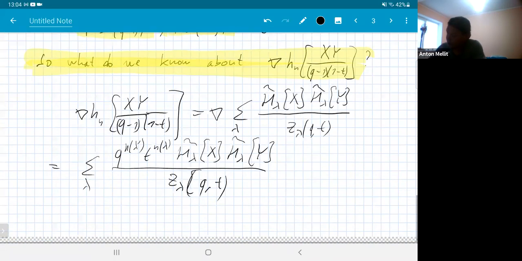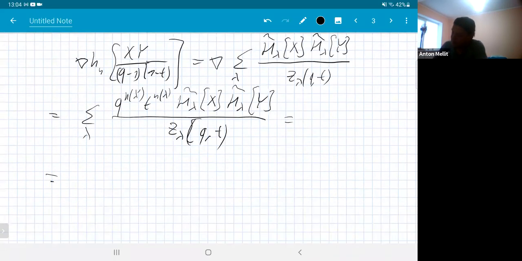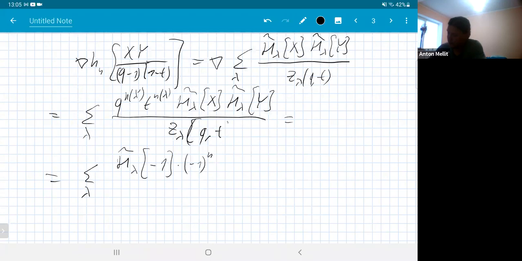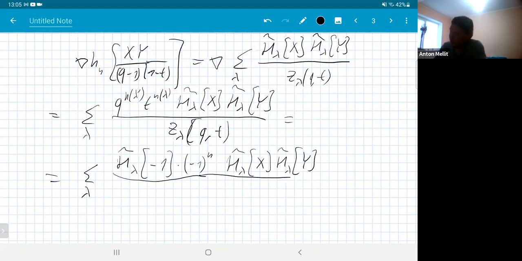In fact, besides the fact that q to this power and t to this power is a product over the cells of the partition, there is also a nice formula using just the Macdonald polynomial itself. This turns out to be simply the factor of the Nabla.